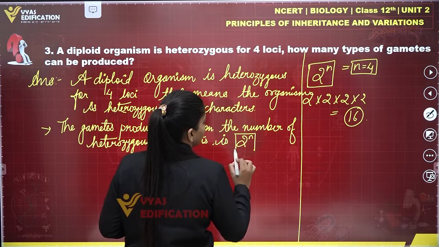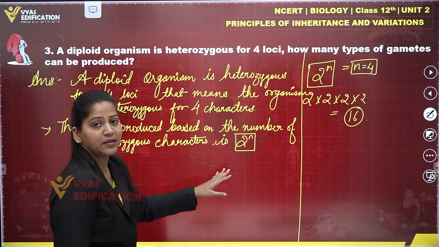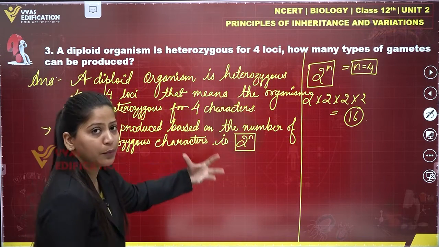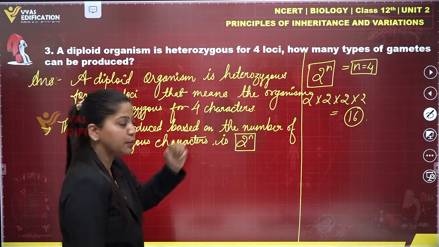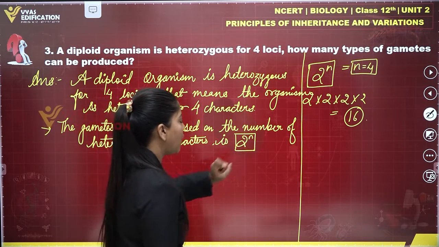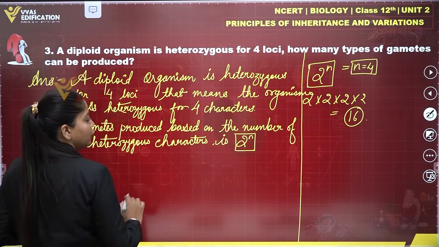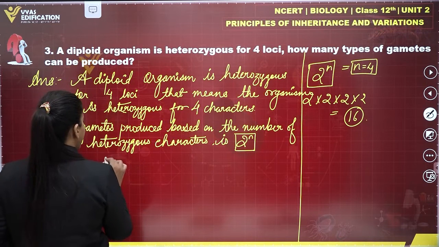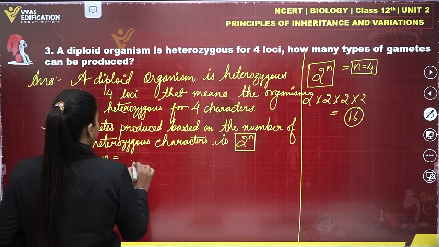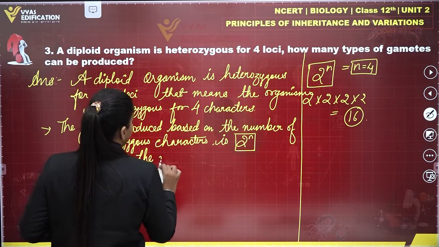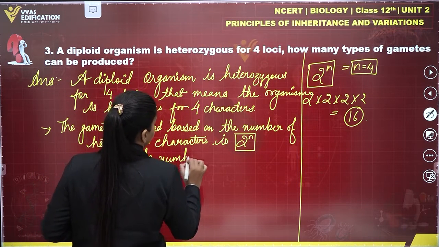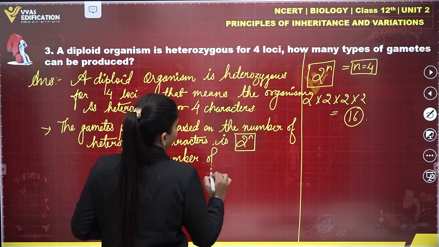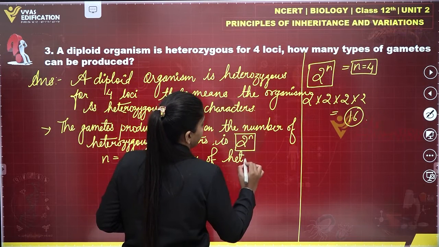This is the formula to find how many types of gametes an organism can produce, where n is equal to the number of heterozygous characters.